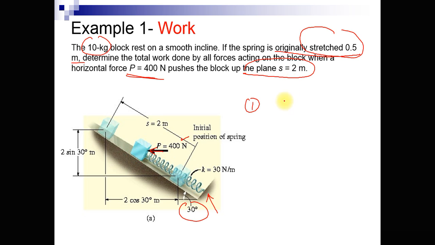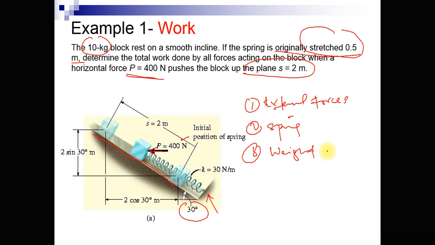Number one is the work due to external forces along the plane, then the work done by the spring, and number 3 is the work done by the weight of the block itself.